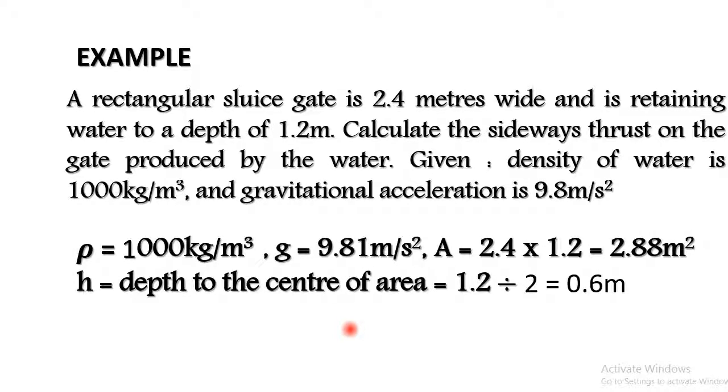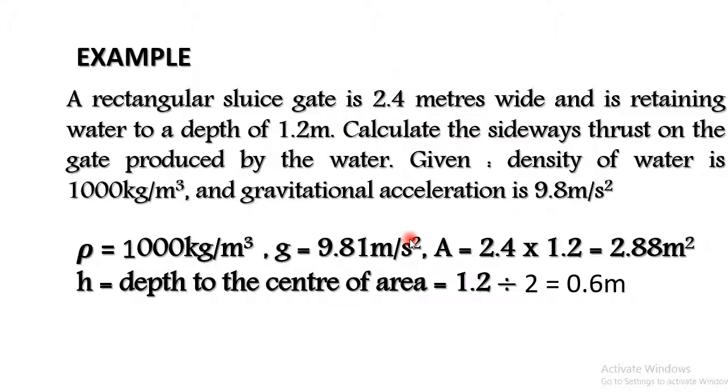Now, we have the density, which is 1000 kilograms per cubic meter, and also the acceleration due to gravity, which is 9.81 meters per second squared, and for the area, we've been given the dimensions of the sluice gate.